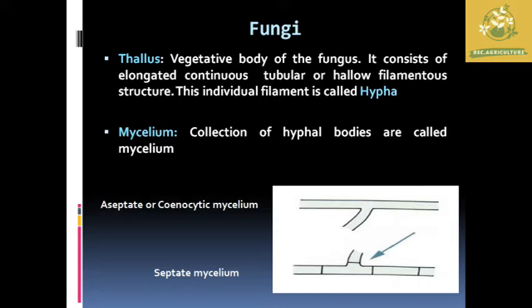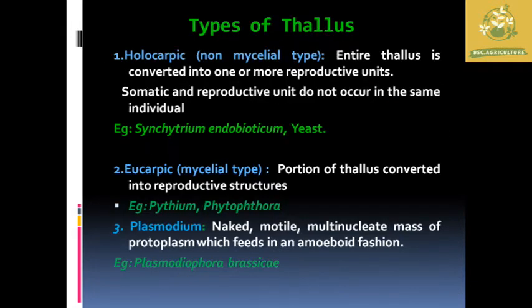Based on the presence of separating lines, they can be called aseptate mycelium as well as septate mycelium. In aseptate you can see the absence of lines, and in septate you have the presence of lines. Now about types of thallus: the first one is holocarpic, which is the non-mycelial type.